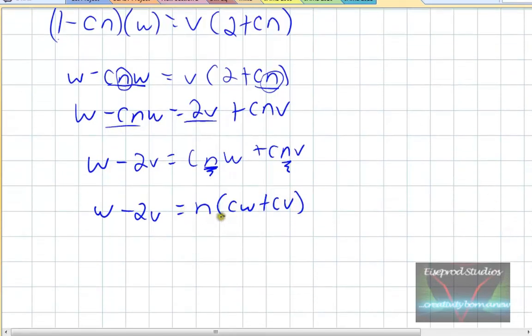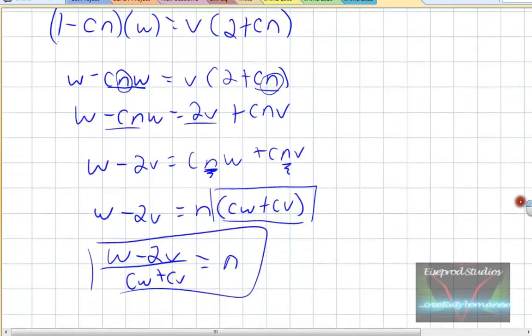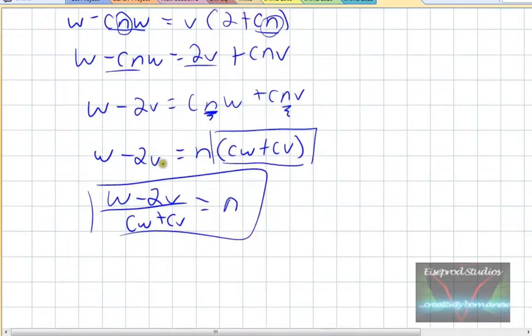So now I can divide both sides by this. And so I'm going to have (W minus 2V) over (CW plus CV) is equal to N. And so you notice that you have C in common on both of these, and C is on the denominator.